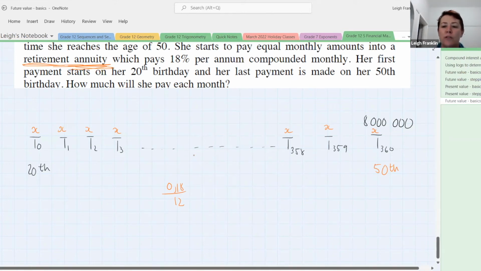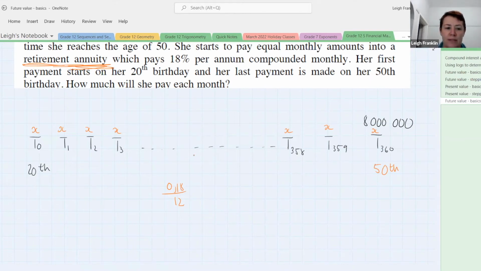That's why we would be using the future value formula in this case. Where are we going to put the 8 million? Exactly, in place of our future value. Quite right. So let's go and put it there.